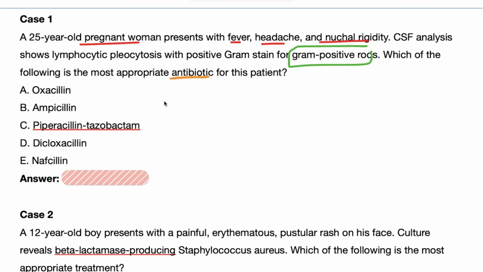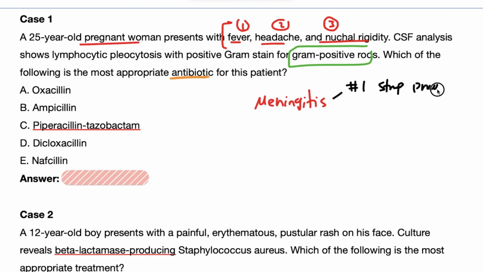Because before we proceed and give an antibiotic, let's understand what this patient has. The patient has fever, headache, and nuchal rigidity. This makes me think of meningitis. And what are the most common causes of meningitis? The most common cause, number 1 cause, is strep pneumonia.